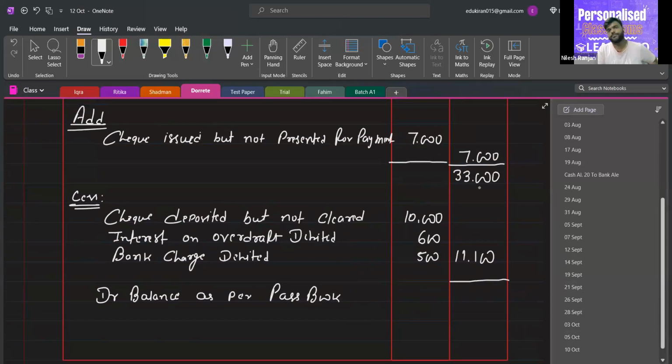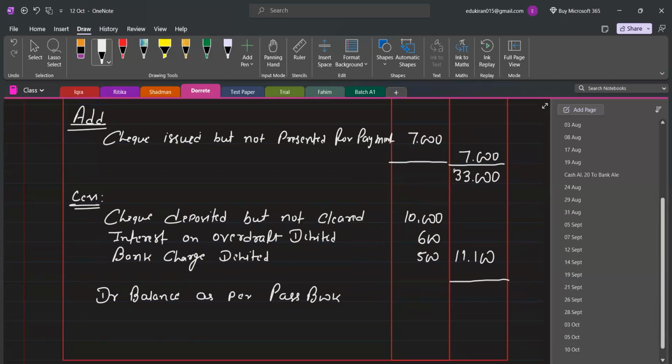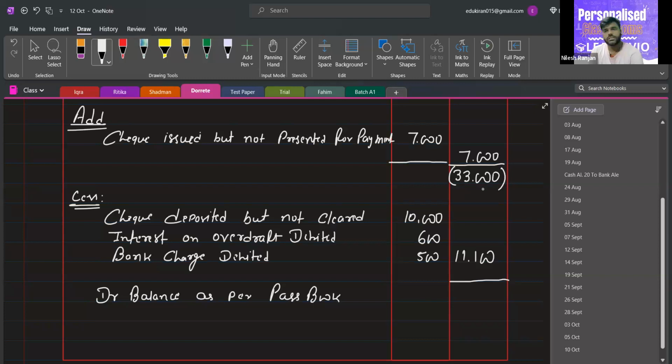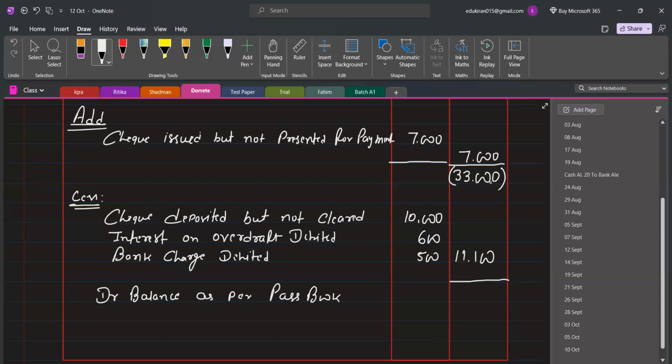So this is also negative. This bracket means negative amount. Okay.